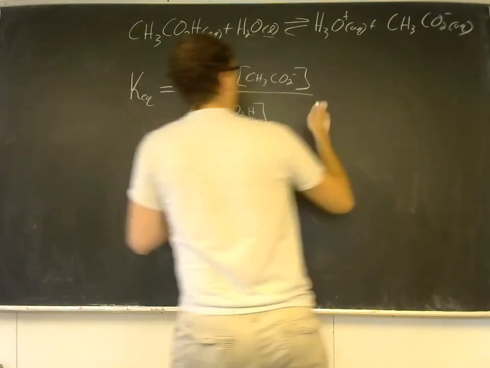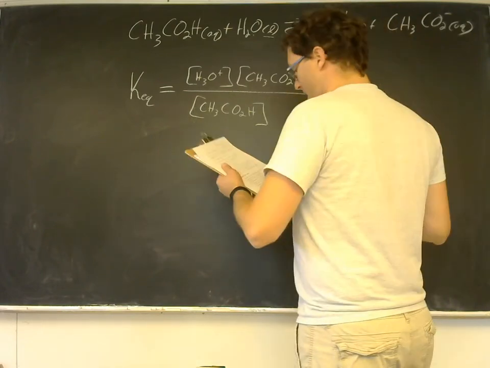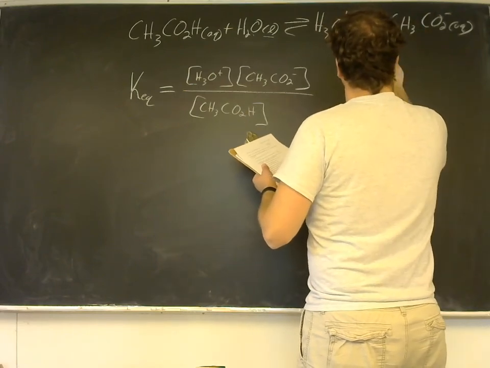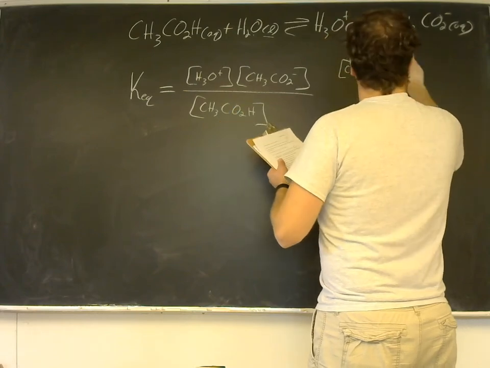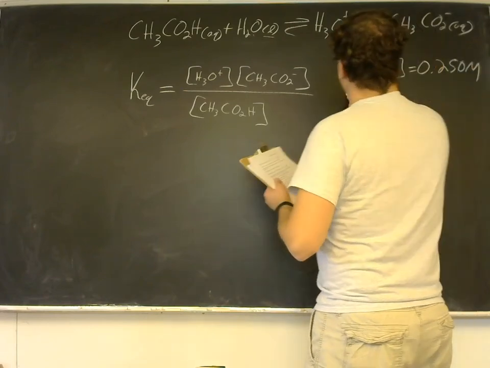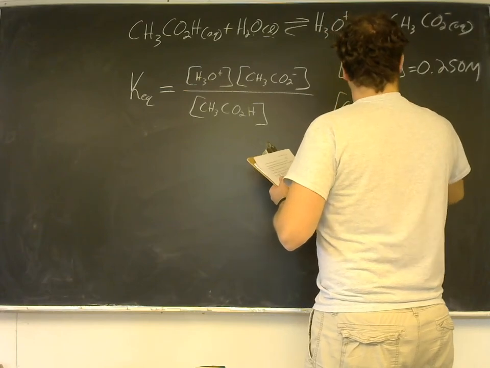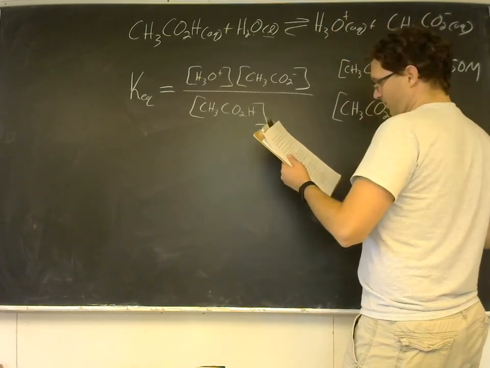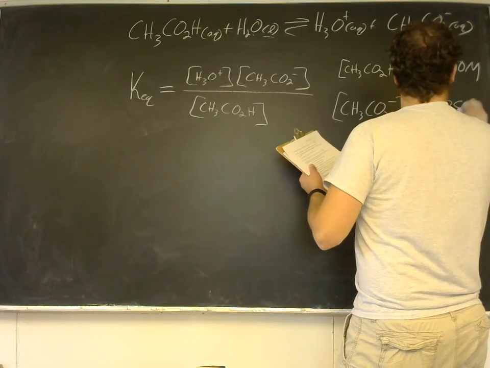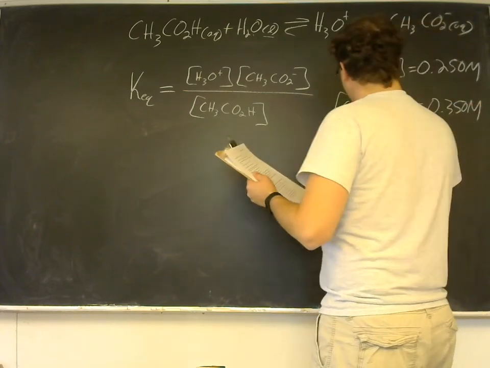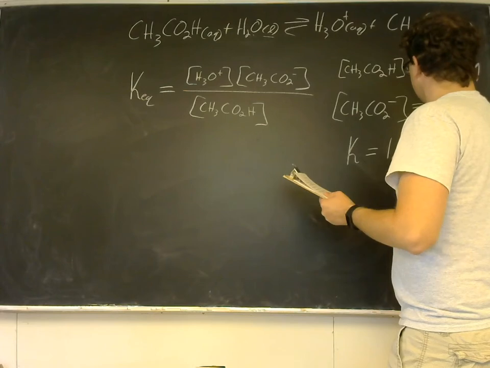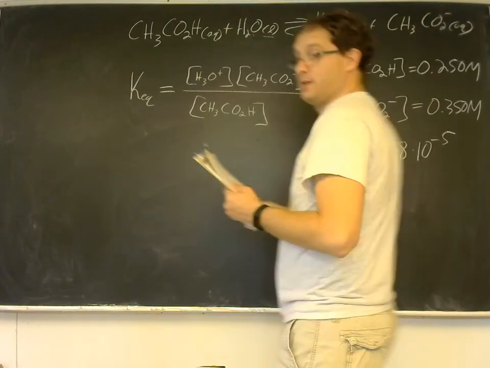And suppose we put some acetic acid in the water and we allow it to reach equilibrium, and I find that CH3CO2H concentration is 0.250 molar, and I find that the CH3CO2 minus concentration is equal to 0.350 molar, and I know that K for this particular reaction is 1.8 times 10 to the negative fifth.